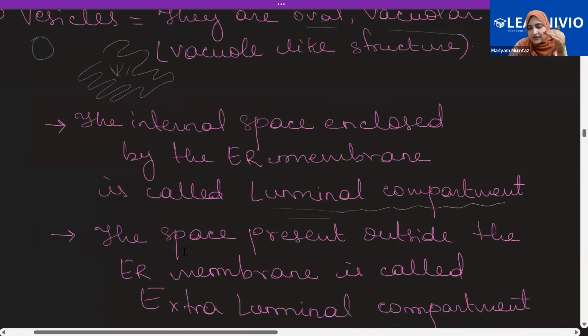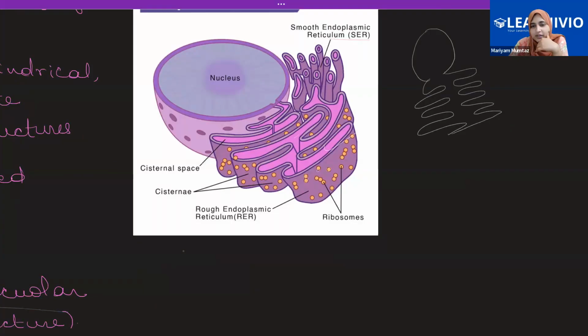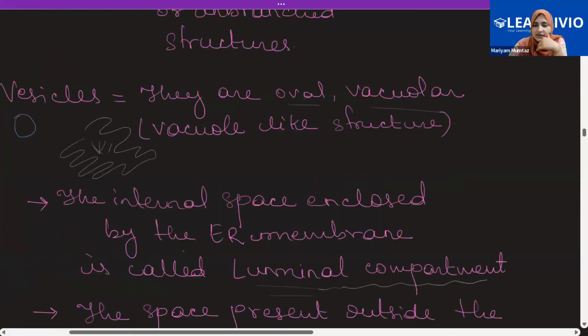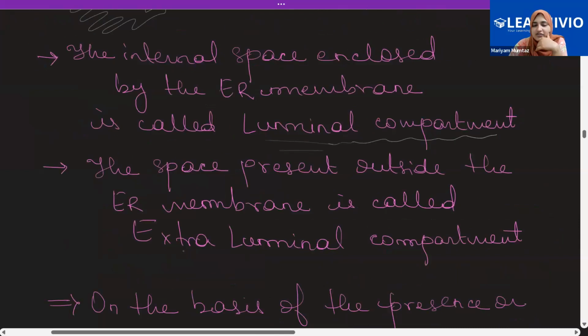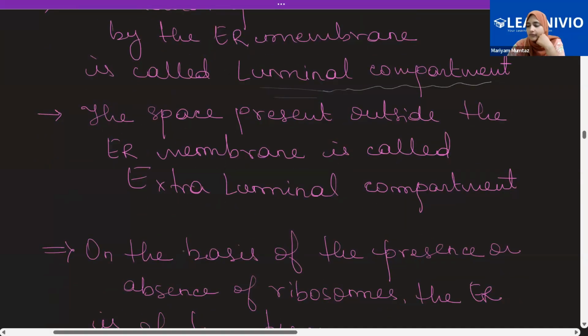Now, the space inside the endoplasmic reticulum, all this purple space that you see inside, is the luminal space, whereas anything outside that space is called the extraluminal compartment. Luminal and extraluminal. Clear?